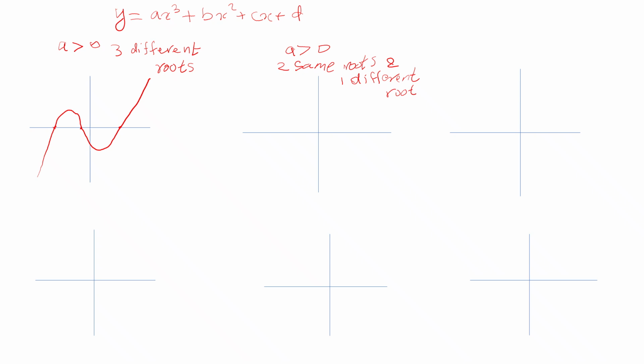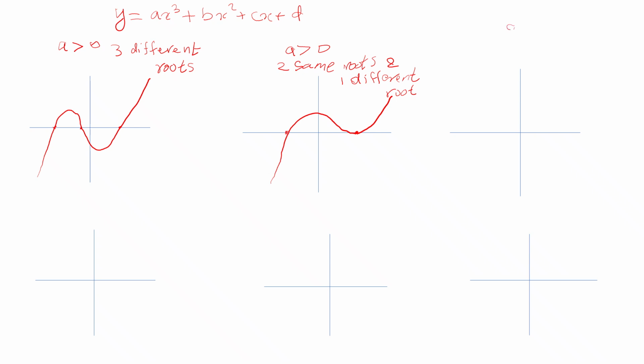A greater than 0, the graph starts from the bottom left. So it comes this way, goes like this, and this is one root. The other 2 same roots are here. These are the possibilities.